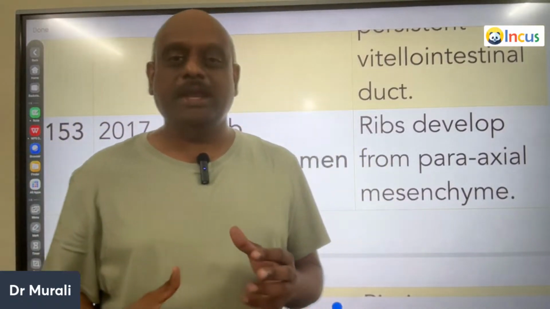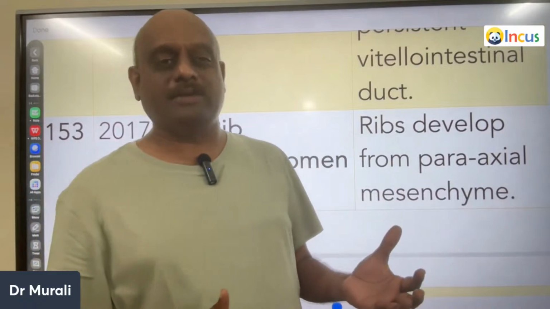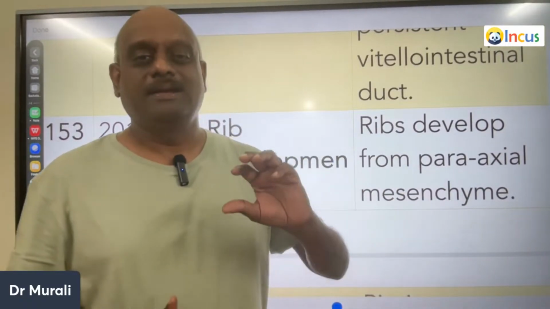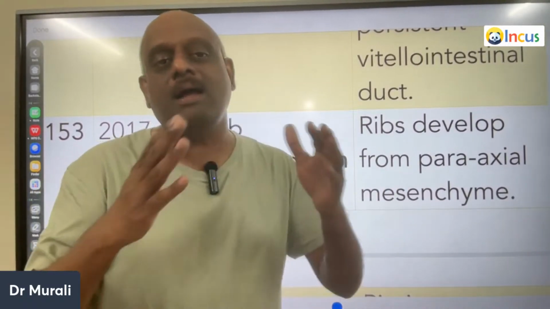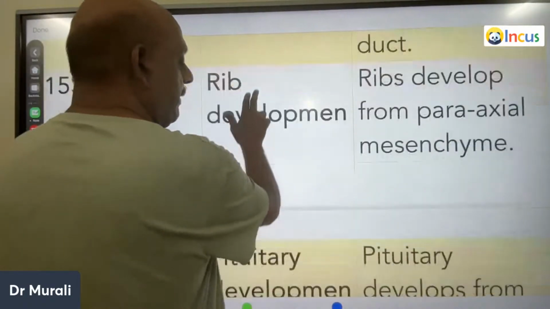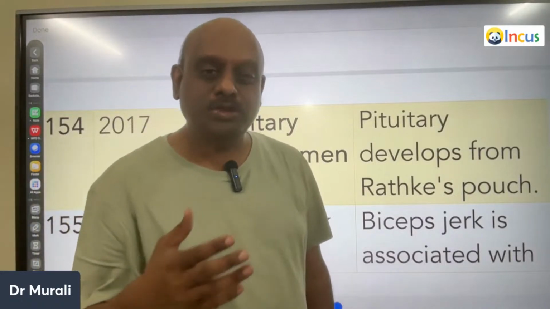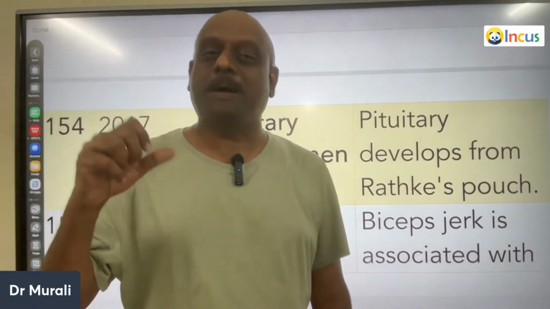From where do the ribs develop? In embryology, what are the paraxial mesenchymal derivatives? Ribs are derived basically from paraxial mesenchyme. From where does the pituitary develop? Pituitary develops from the Rathke's pouch.